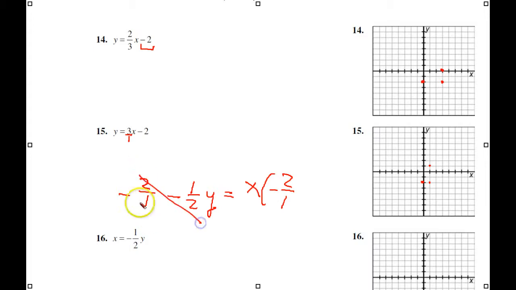So here this all cancels out. I get a +1 here, which is y, and this becomes a -2x. There is no y-intercept, so for this one, I'm going to put a dot at 0, and my slope is -2 over 1. So I have to go to the left now, 1 and then up 2. So now those are my lines.